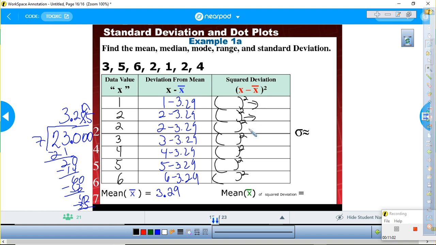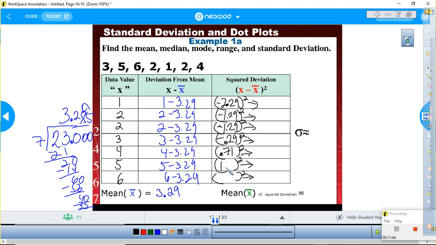And for this column, you're going to need your calculator, so get a tab open on your iPad. There should be a calculator there already on the iPad. So let's see, 1 minus 3.29, that's negative 2.29. 2 minus 3.29 is negative 1.29. It's the same one, negative 1.29. 3 minus 3.29, that's negative 0.29. 4 minus 3.29, that's 0.71.